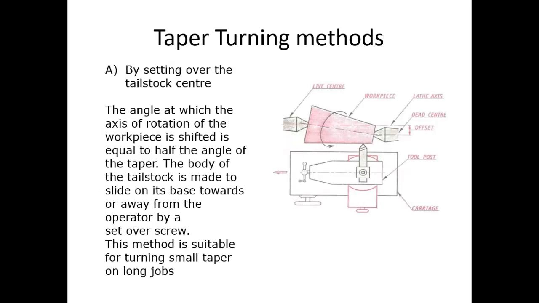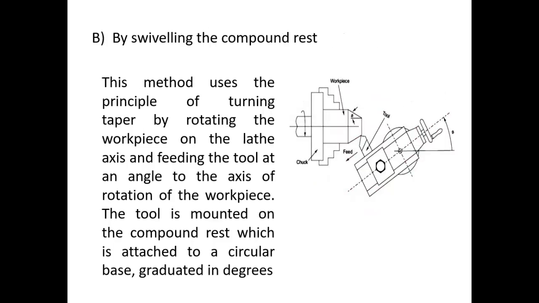Looking at this image, the cutting tool is exactly in position, but the workpiece is tilted at some angle, that is, an offset is given, and we obtain the taper. And by swiveling the compound tool rest itself, we can also obtain the tapered object.